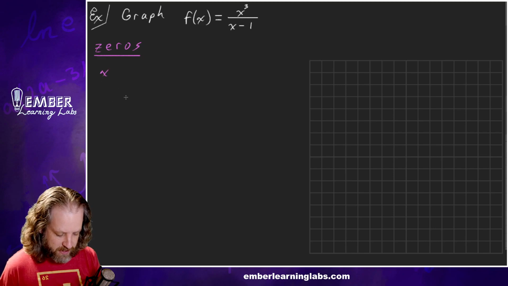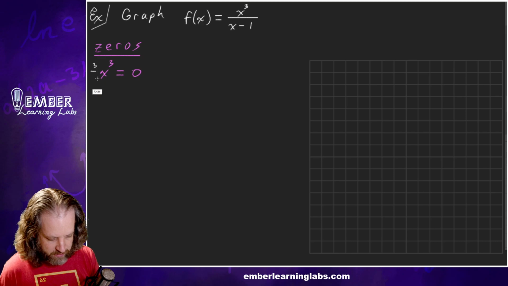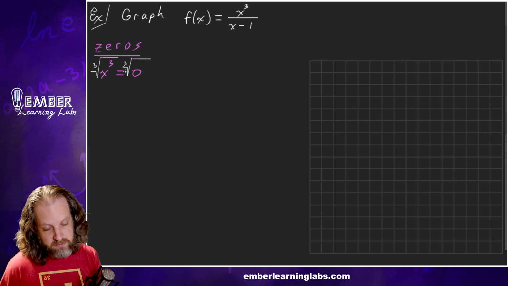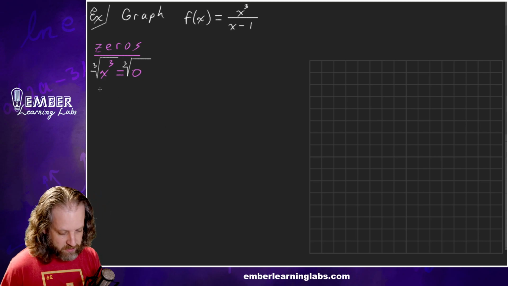We start by saying x cubed equals 0. Then we take the cube root of both sides, and it's not plus or minus, because A, it's 0, and B, it's a cube root, an odd root. So there's just x equals 0.